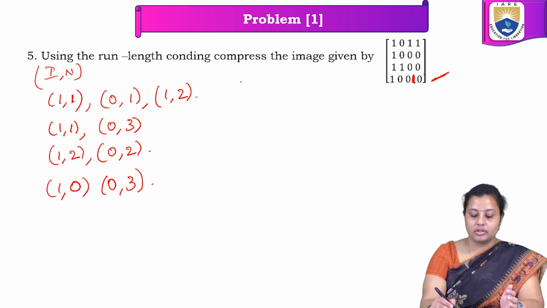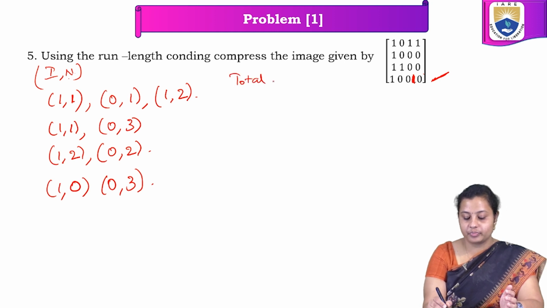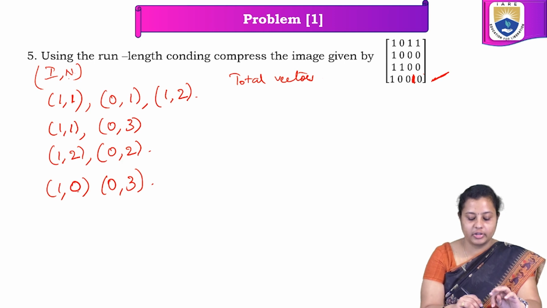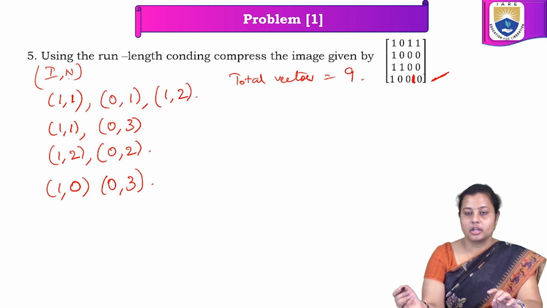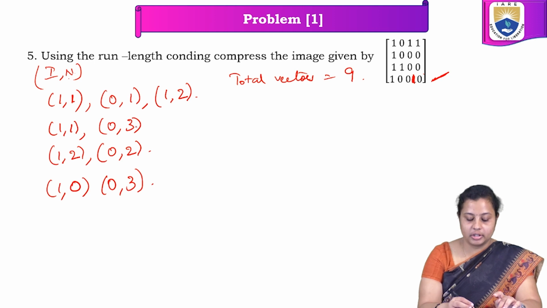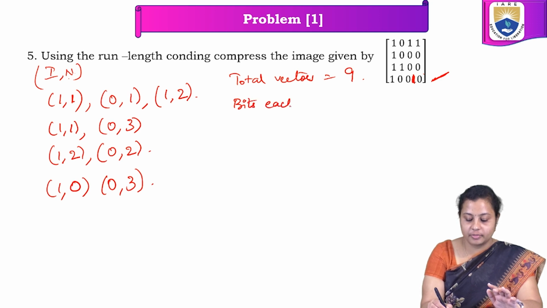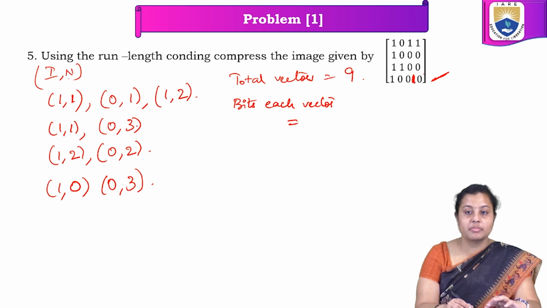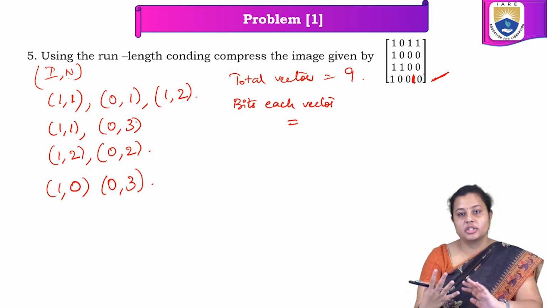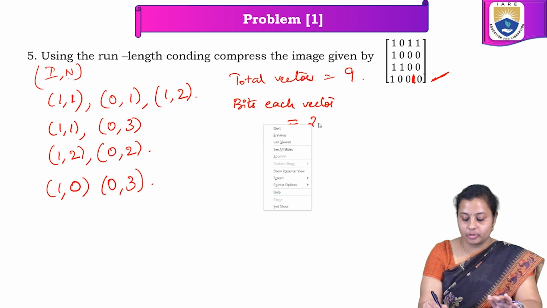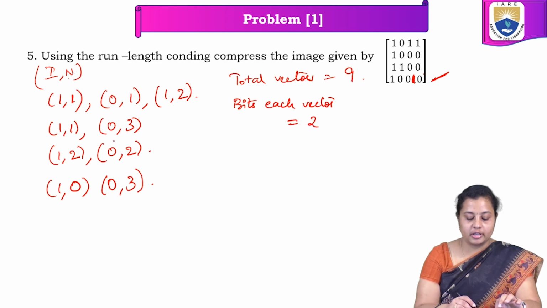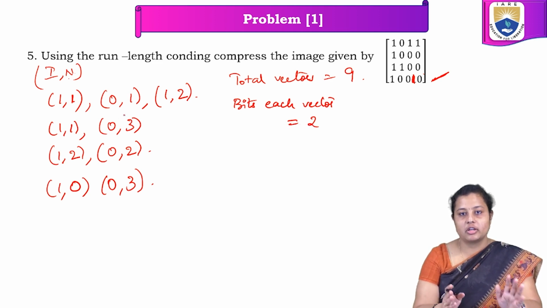Based on this, the total number of vectors is 1, 2, 3, 4, 5, 6, 7, 8, 9. So those are 9. Now to code each vector, how many bits do we require? What is the maximum length? 3. So how many bits are required to represent 3? I require 2. And how many bits to represent the intensity value, which is 1 or 0?